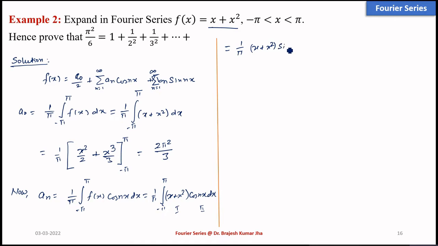So it is going to be sin nx by n, and the limit will be minus pi to plus pi. This we can take as a common. Minus integration from minus pi to plus pi, differentiation of this one, so it is 1 plus 2x, times integration of cos, that is sin nx upon n, dx, that we get.